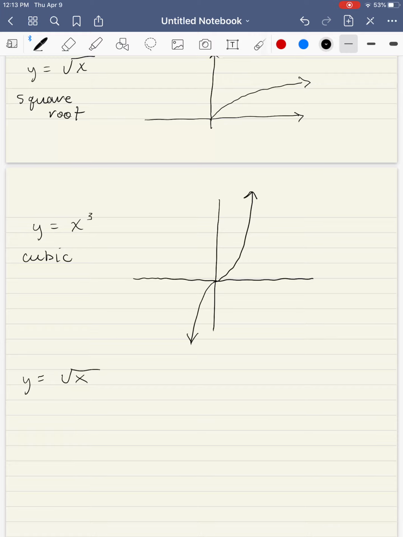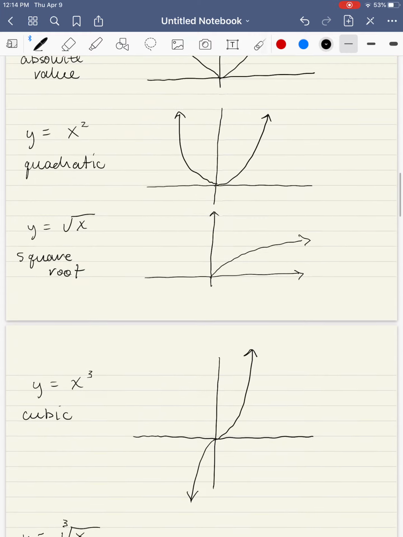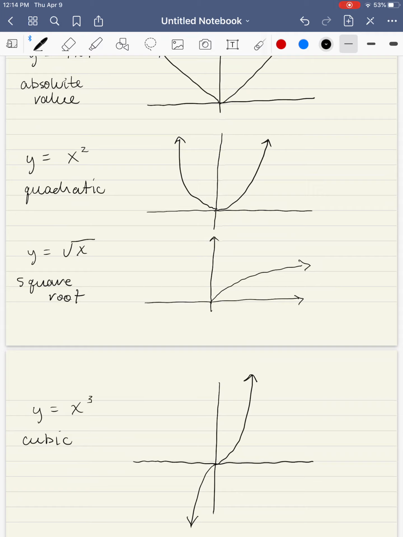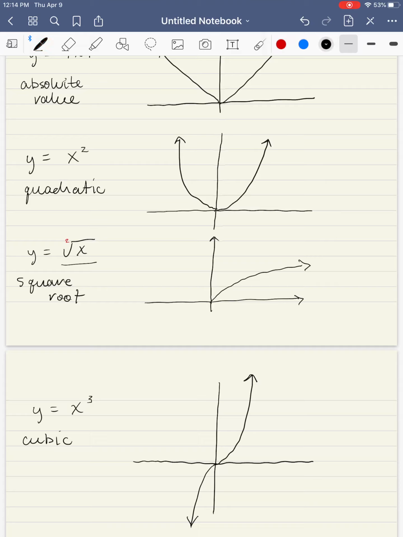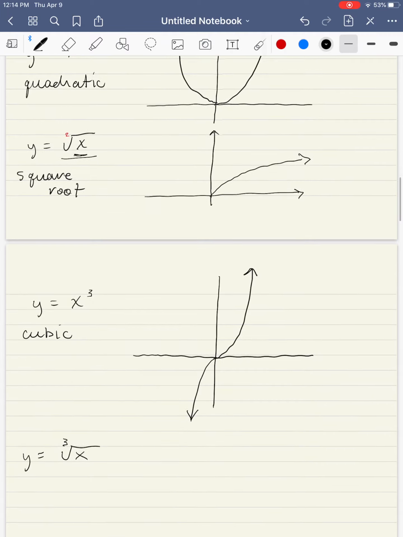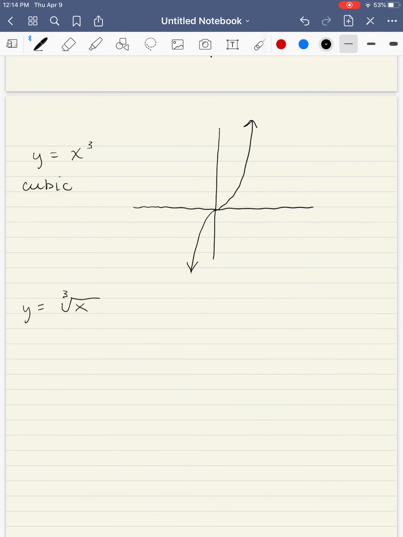And we have the cube root. Remember when we looked at the square root, there's no index written in the radical. When there's no number written there, it's understood to be a 2. So square root means what number would I multiply by itself 2 times to get x?